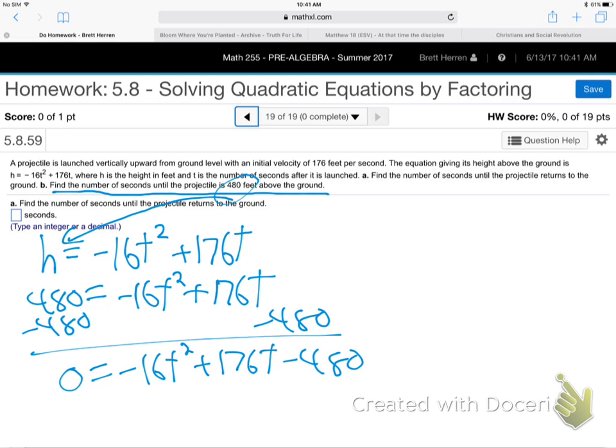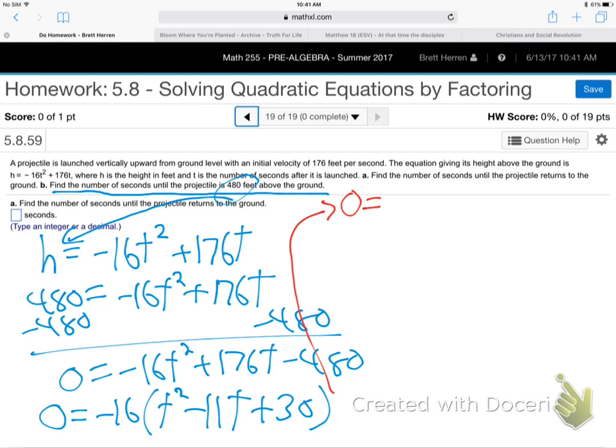So we get a 0 like that, and then we take out the GCF, which is minus 16, isn't it? So t squared, is that minus 11t? And then plus 30 or something? Yeah. Good to there? So take out the GCF, and now keep going.